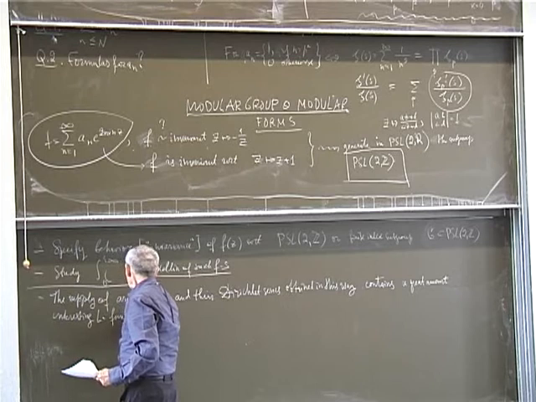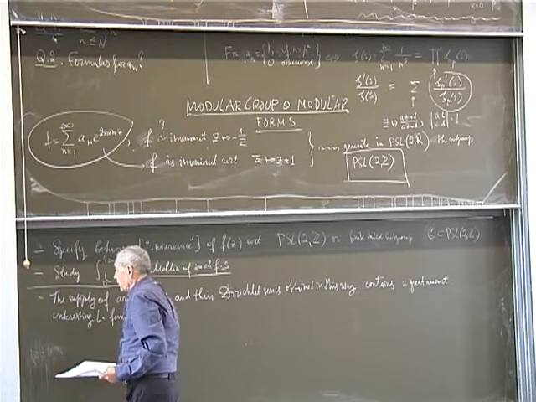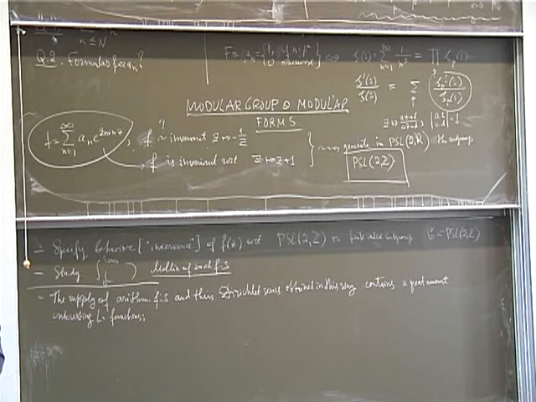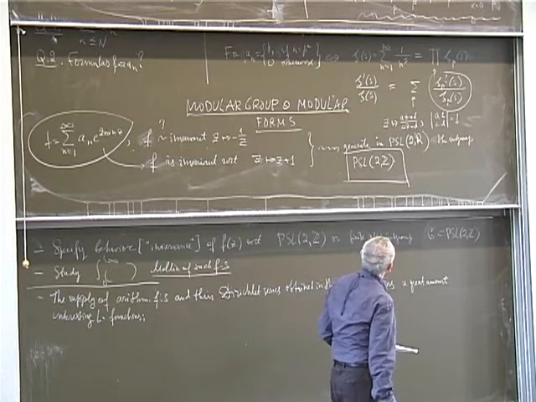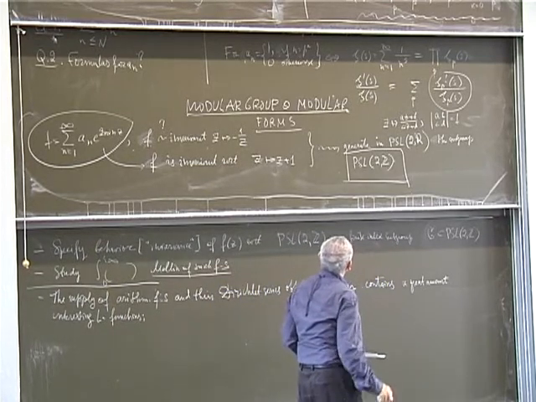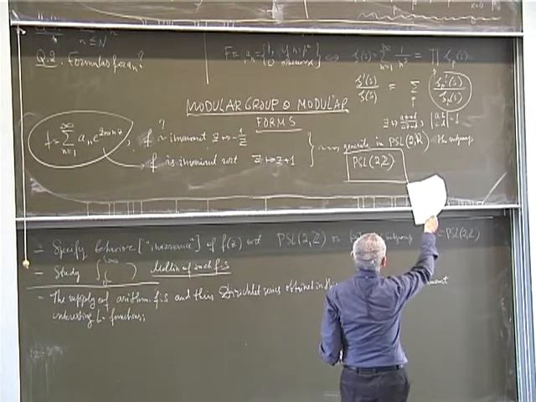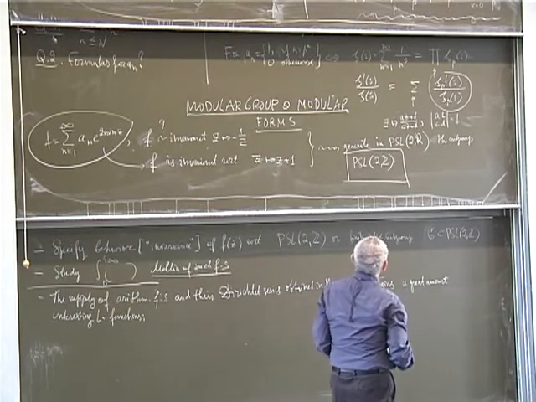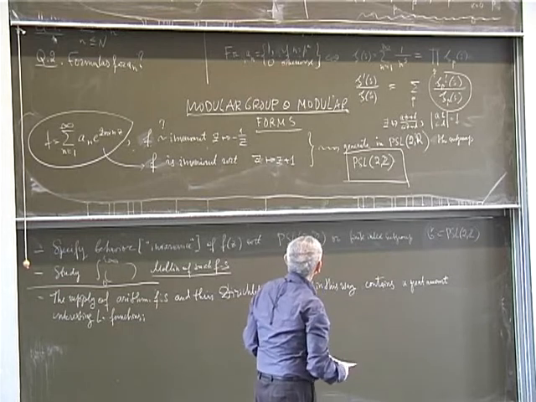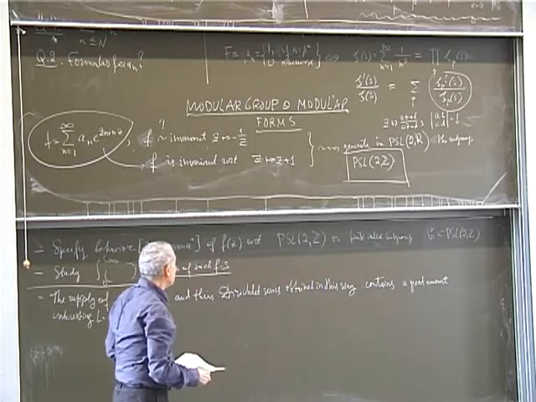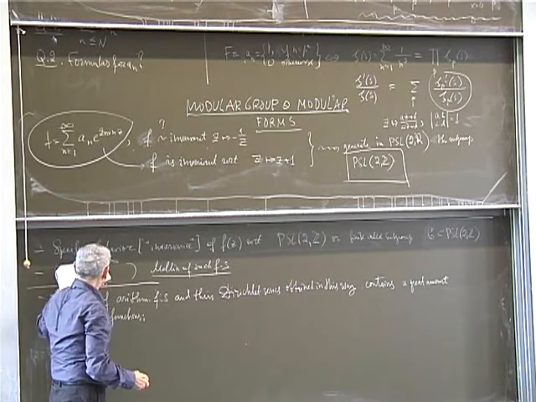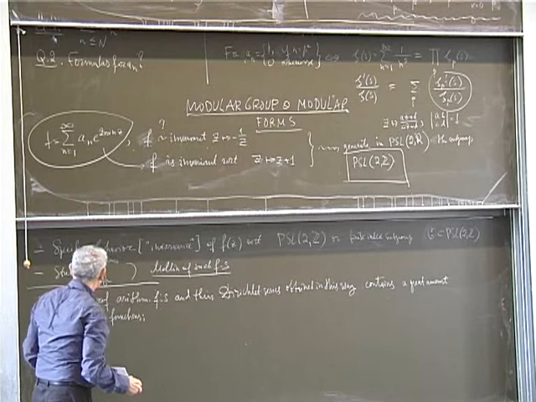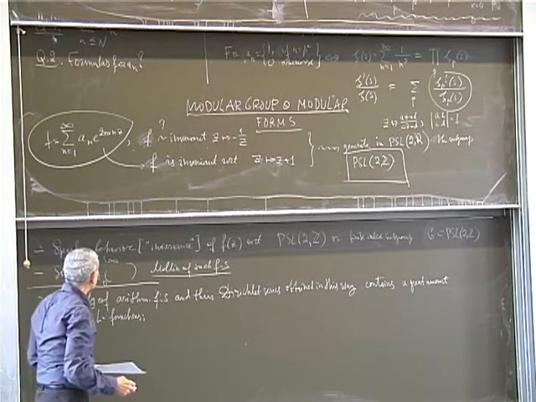zeta functions. For example, if you take just all elliptic curves defined over Q, and then define their L functions by counting points over various reductions modulo various primes, and produce from each prime an Euler factor like that, in a slightly more sophisticated way, and then take a product, then the arithmetic of all elliptic curves is contained in the supply of functions which are obtained in this way.